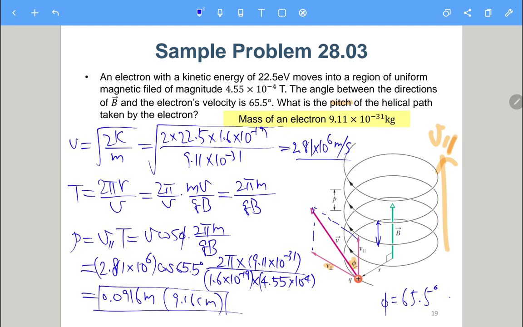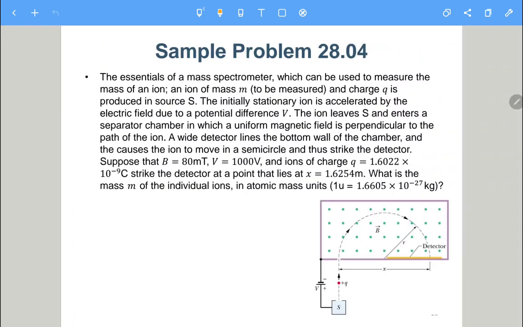So this is the pitch here. Okay, any questions? No questions. Okay, so next we have another sample problem.